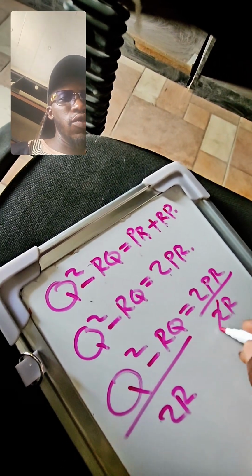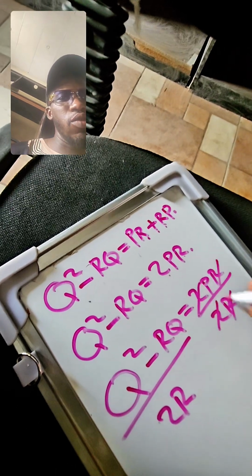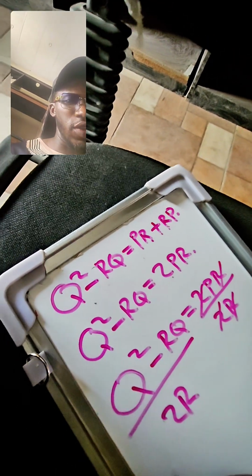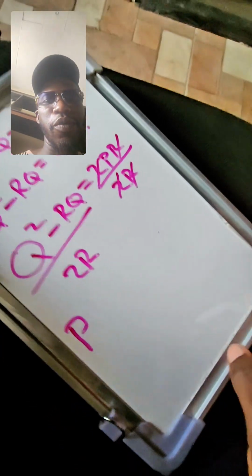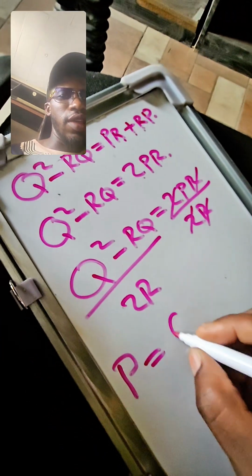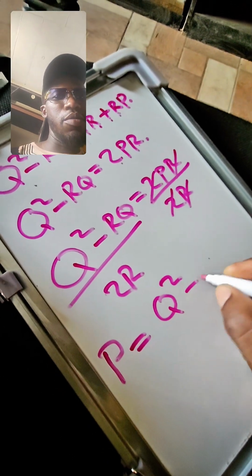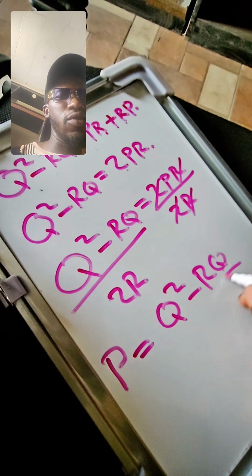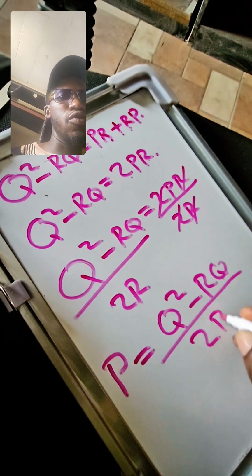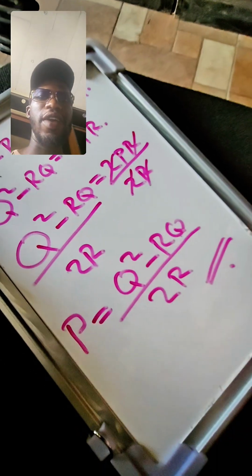Now these two will cancel, this R will cancel this. Now you are left with only P. Now your P will be the same thing as (Q squared minus RQ) all over 2R as the final answer.